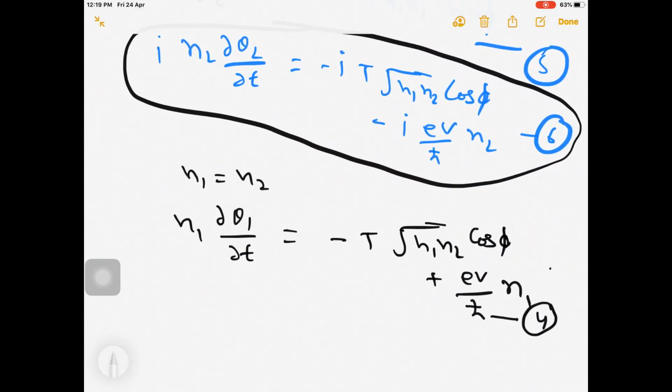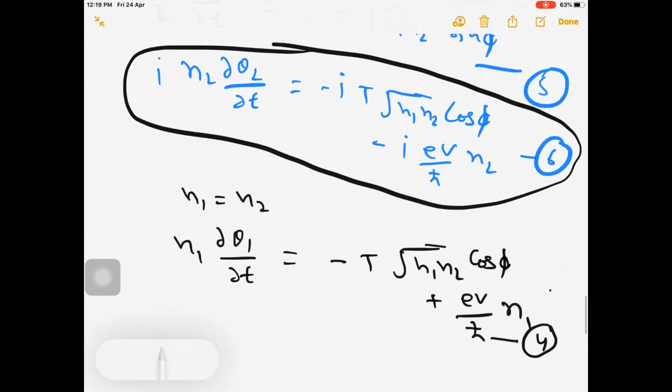Since n1 and n2 are the same, I can eliminate i. You can see that there is the same value −T√(n1 n2) cos φ in both, so we can put the value of −T√(n1 n2) cos φ because n1 and n2 are the same.